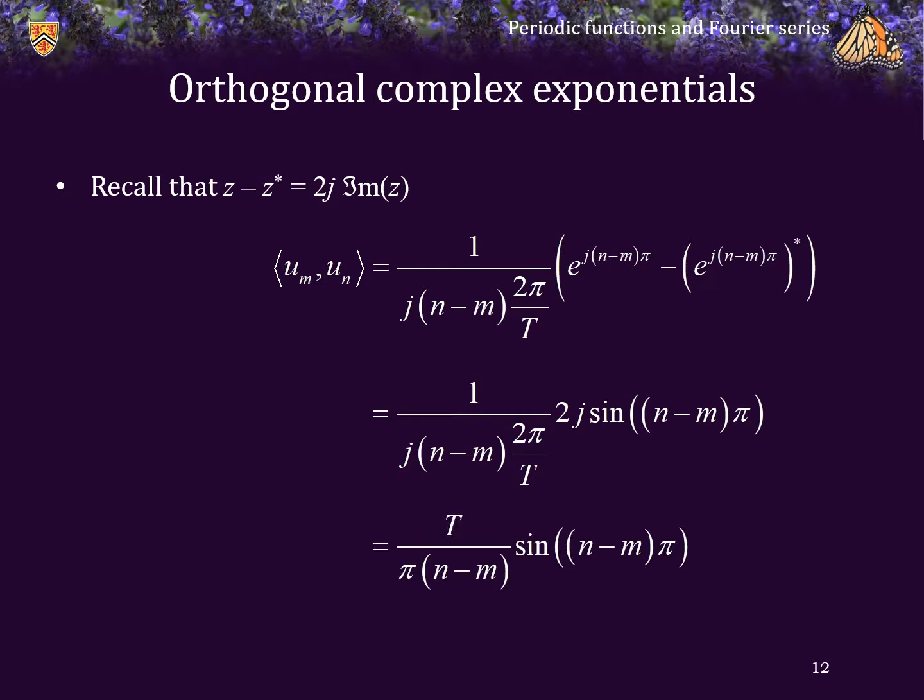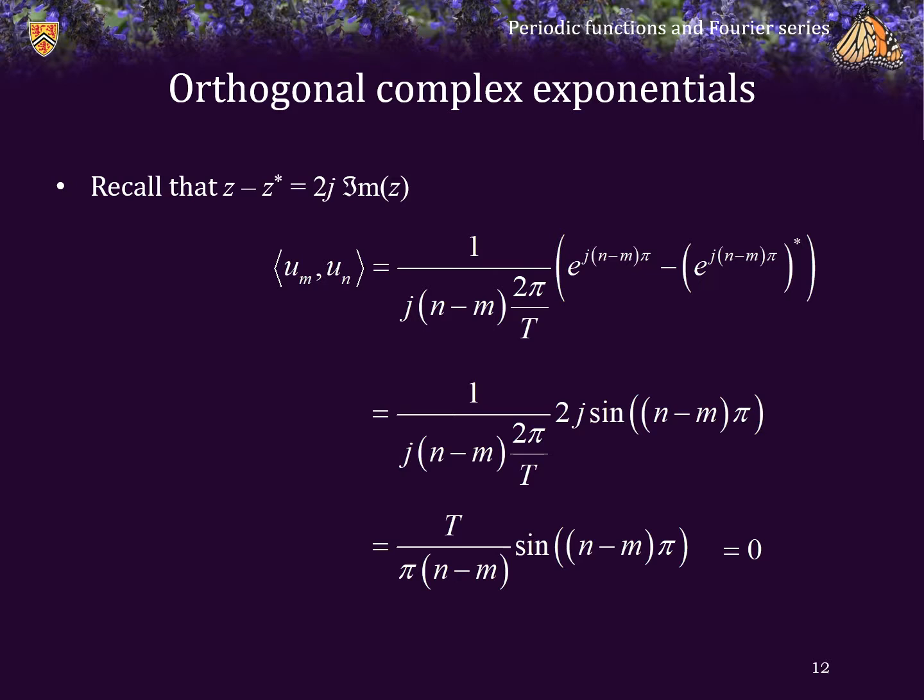But in all reality, that's just sine of an integer times pi. Well, sine of 3 times pi or sine of 8 times pi is always equal to 0. So regardless, and remember that m is not equal to n, so the denominator is not 0, and the rest is quite trivial. This is always equal to 0.